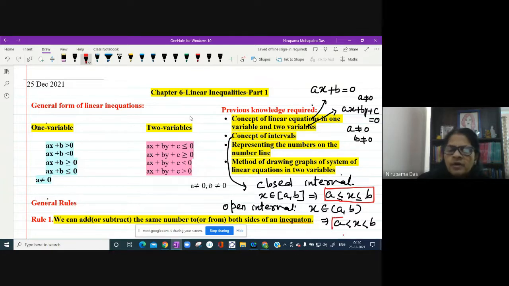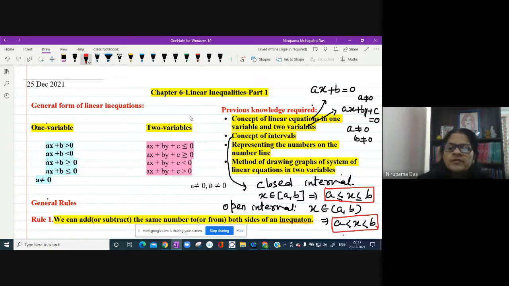But whenever we talk about an open interval, x lies between a and b, and the endpoints a and b are not included. Whenever we write interval ab, a is called the lower limit, b is called the upper limit of the interval, and a is of course less than b.